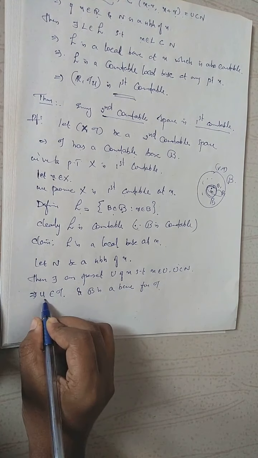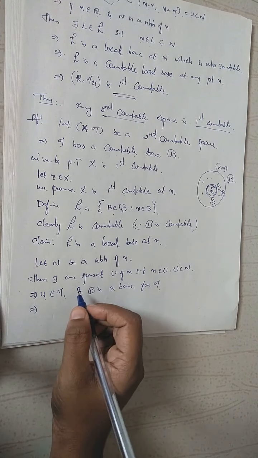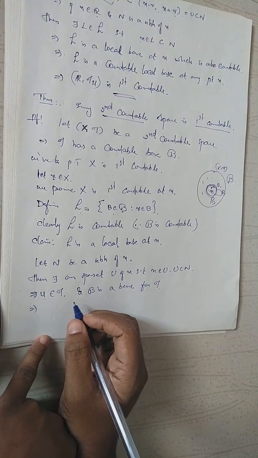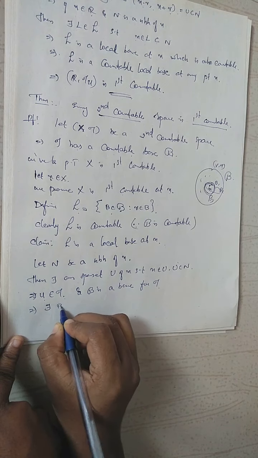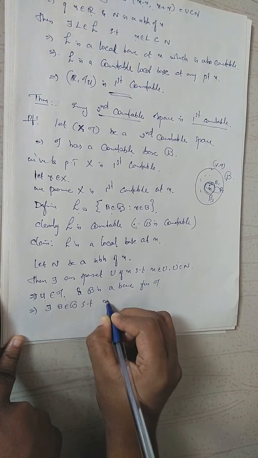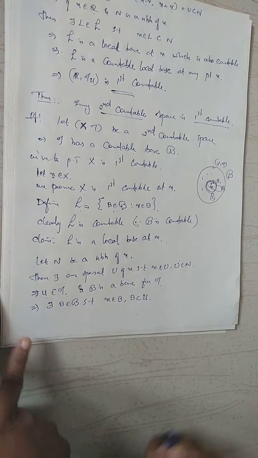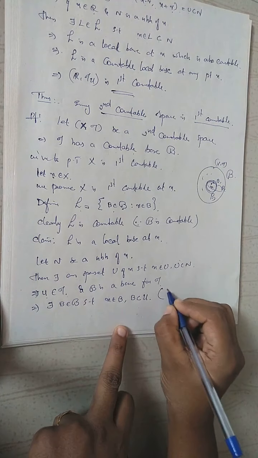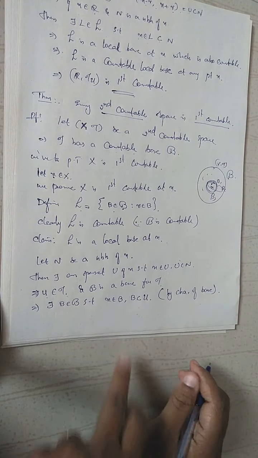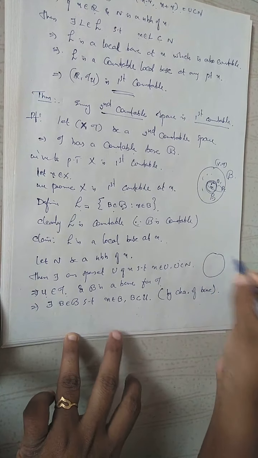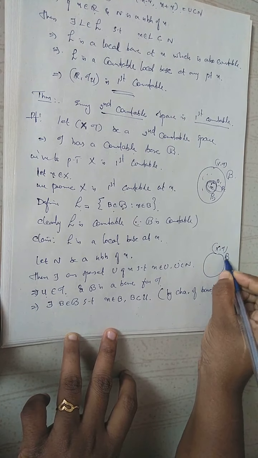So when you get an open set and B is a base for tau, by the characterization of base I can write that there exists a B in script B such that X belongs to B and B is contained in U. The characterization of base says that suppose X is a topological space and B is a base for tau.